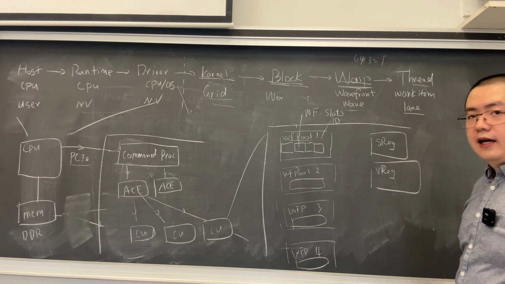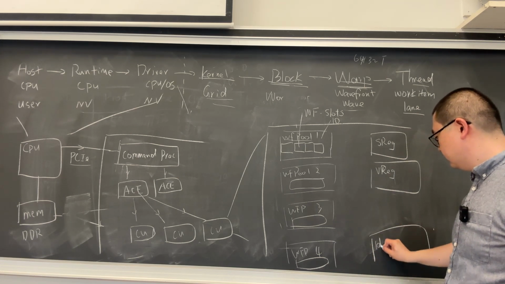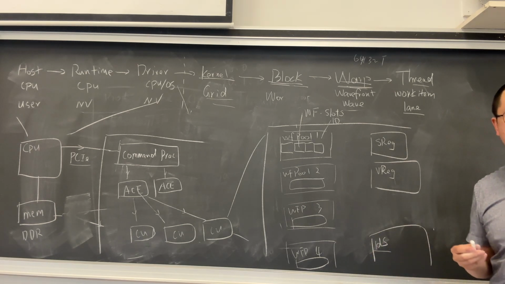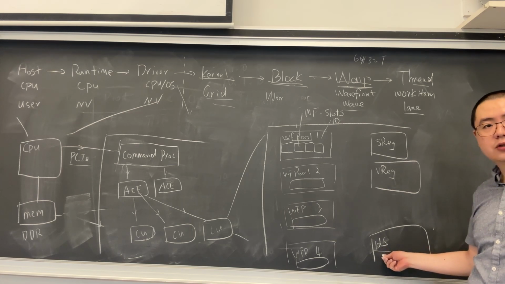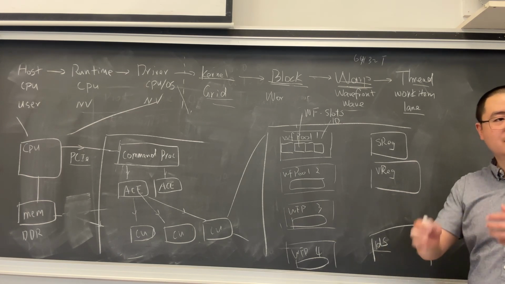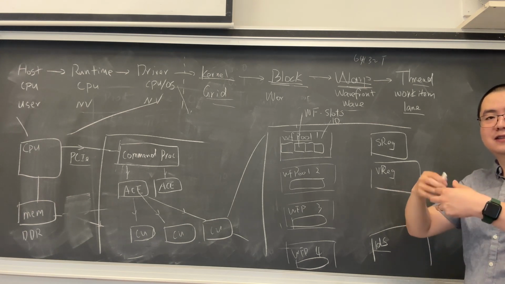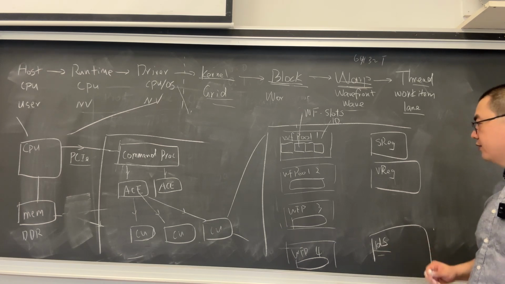And there's another thing called LDS, local data share. LDS is an addressable SRAM in GPU architecture. It's a local storage that you can use to load data to the compute unit, process the data for many steps, and eventually store it back. So LDS is another resource.